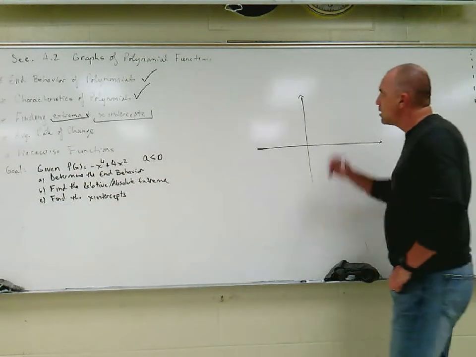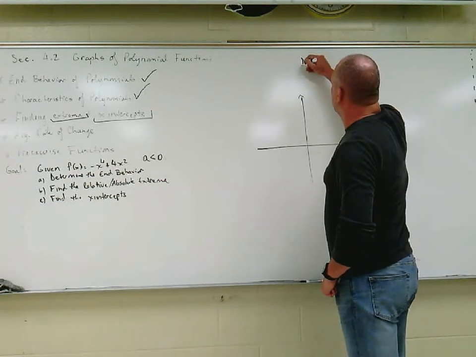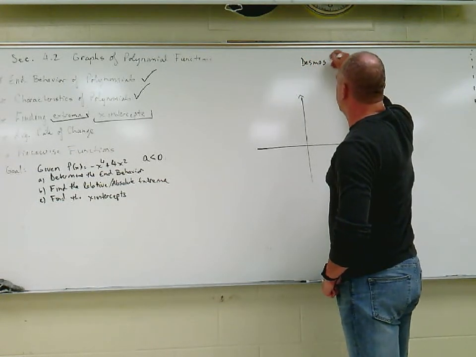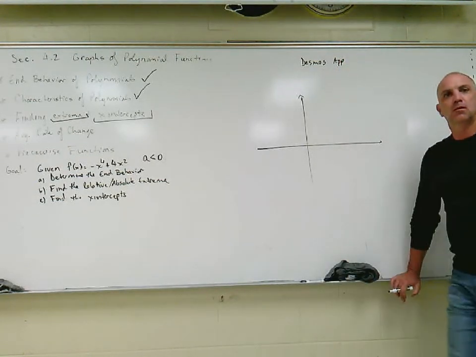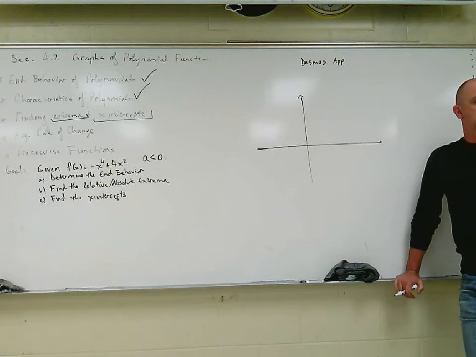If I don't have a calculator and I have a phone, you go to Desmos. You can download the Desmos app and it will graph these for you. That way you're not sitting there imagining what the picture is.